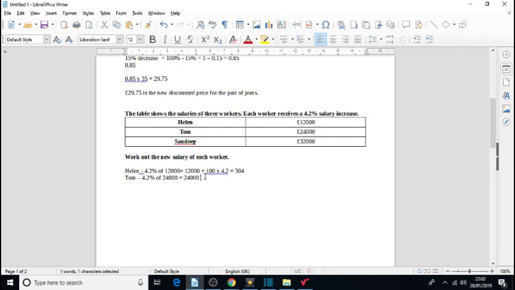24,000 divided by 100 multiplied by 4.2, and that's equal to 1,008.